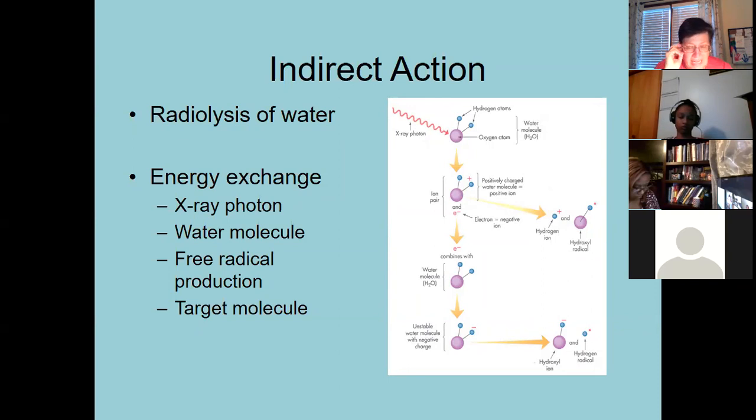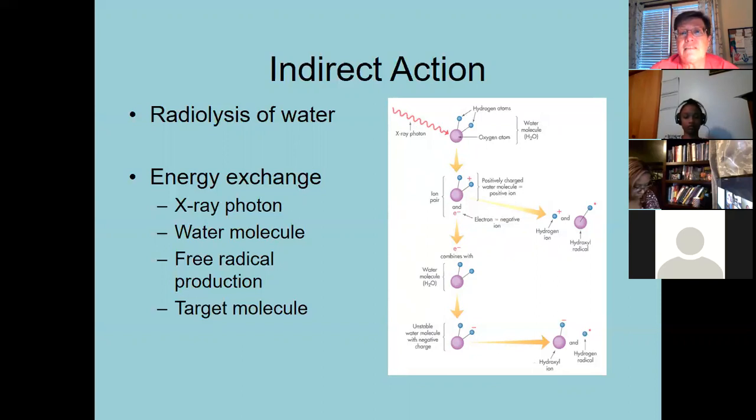Direct action is only more likely if we have very high energy particulate radiation, such as alpha particles. But with X-rays, most of the damage is conferred via indirect action.